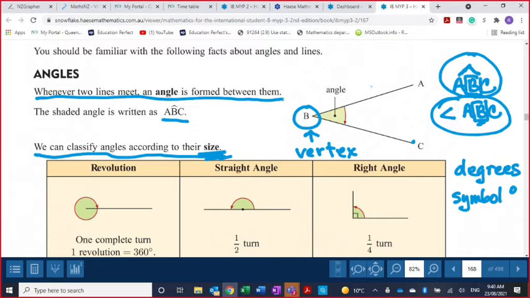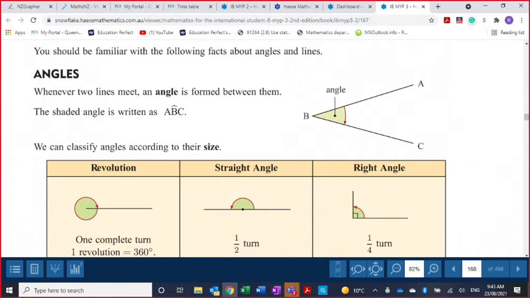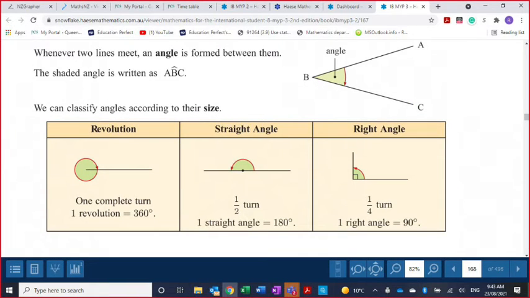Okay? All right. So let's look at a few of the most common ones. The first ones, we're going to talk about some very specific types of angles. The first one is what happens when you just have a straight line with no points on it. In that case, our angle is literally going all the way around, a complete revolution, and it's actually called a revolution.